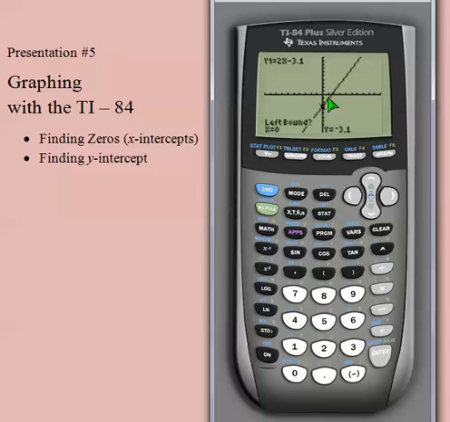It's like a boundary. We're going to define where that intercept is. It's going to be between 2 points. So using this button right here, you can slide that little guy right there, and I want to be somewhere to the left of this point. It doesn't matter where. Click enter.